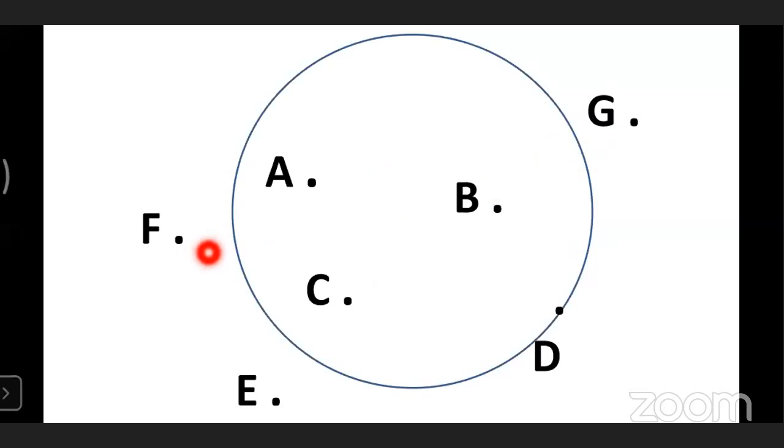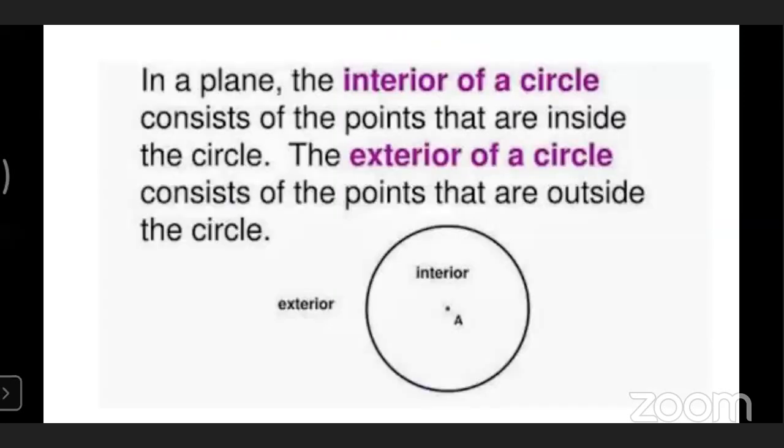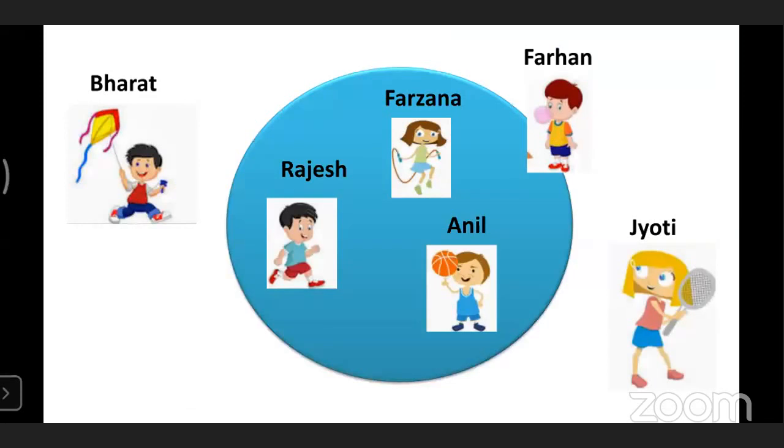Point G, point F, and point E are the exterior points. And point D is on the boundary. Just like your friends: Rajesh, Farzana, and Anil are interior. Jyoti and Bharat are exterior. And Farhan is on the circle.